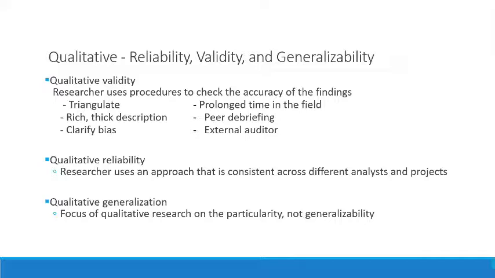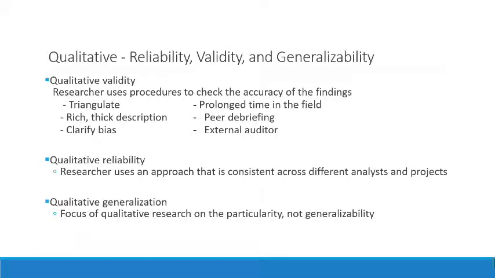Regardless of the research approach, all research must use validated tools for our conclusions to be valid. Researchers conducting qualitative studies can validate their data by checking the accuracy of their findings in a number of ways. The researcher can triangulate using multiple sources to confirm the same item of information.